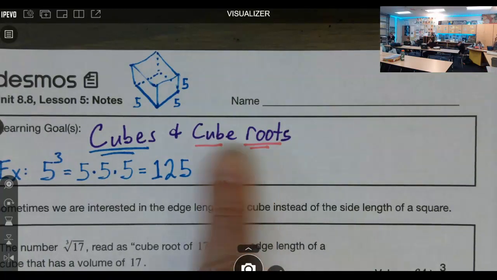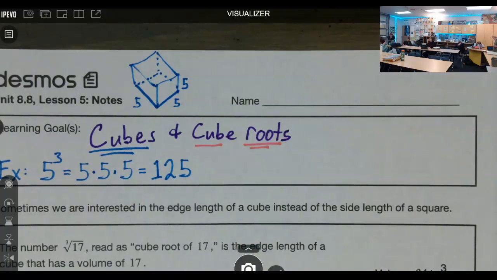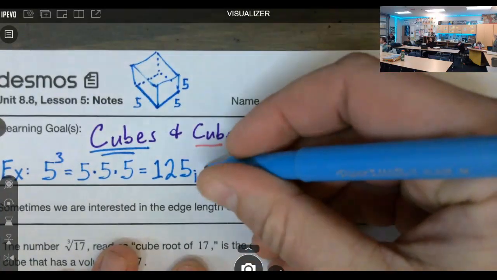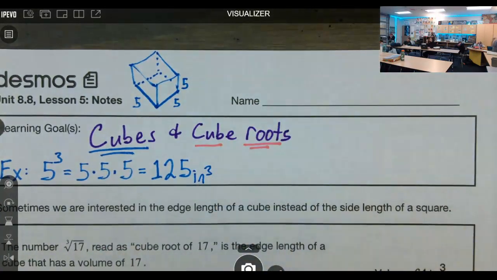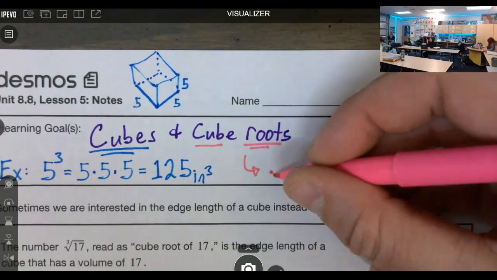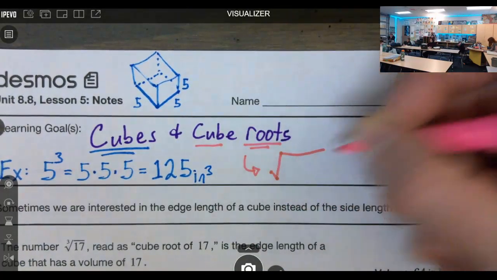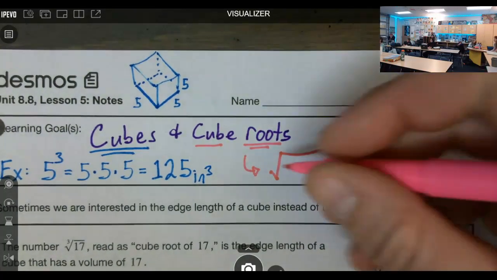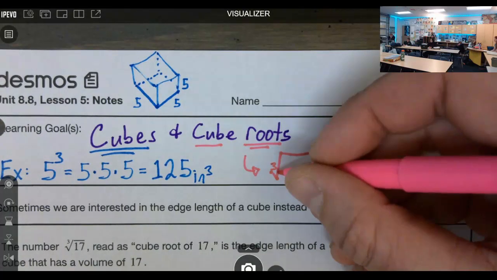What would it mean to cube root something, and how would I write it? Owen? The square root thing, I don't know how to explain it. You have to put a 3 in front of it. We put a little 3 in front of it.